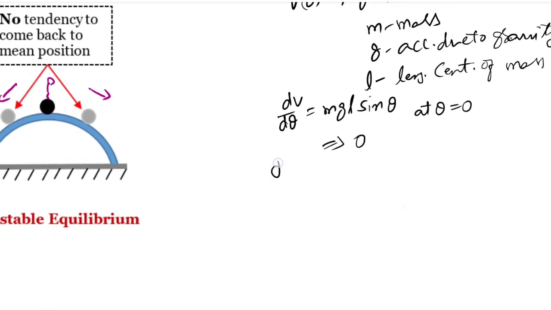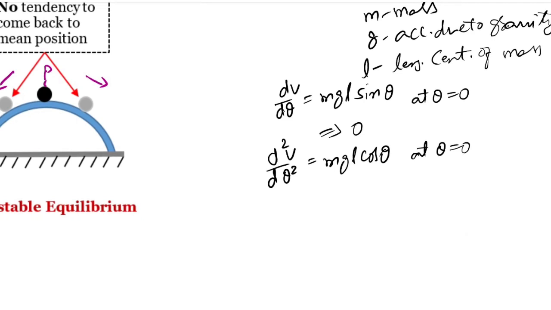So then what about the double derivative? d squared V by d theta squared will yield mgL cos theta. At theta is equal to 0, this will yield mgL, which is obviously a positive quantity.